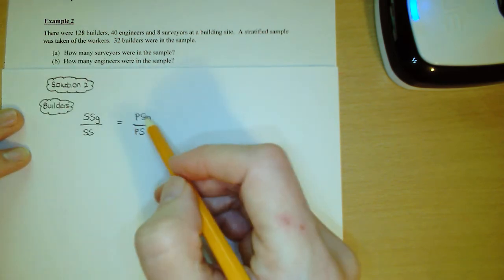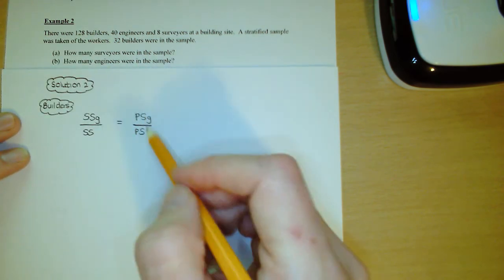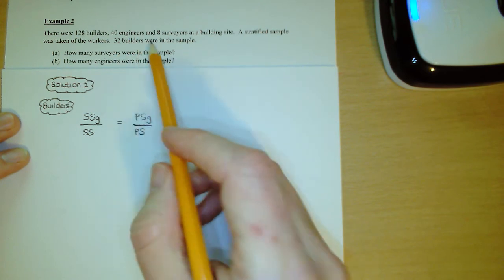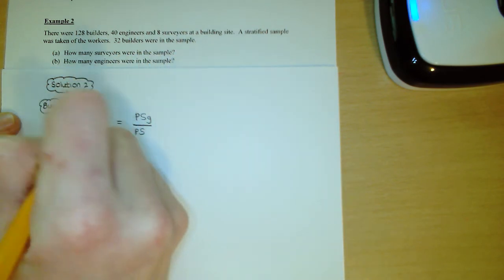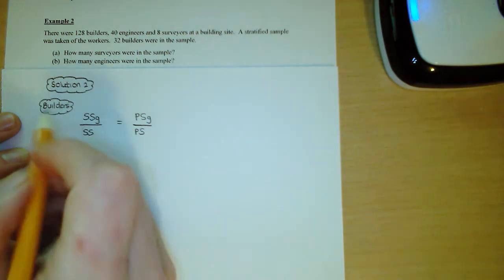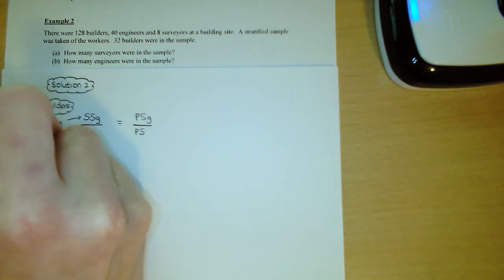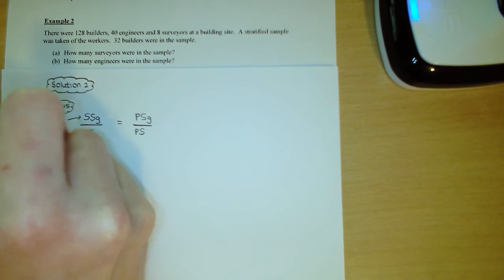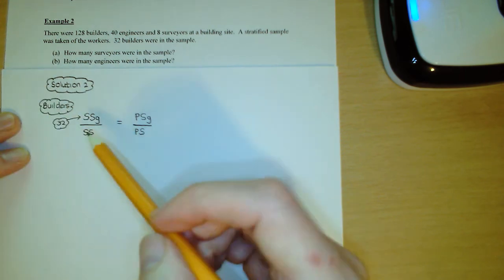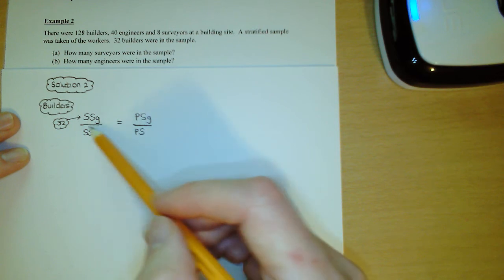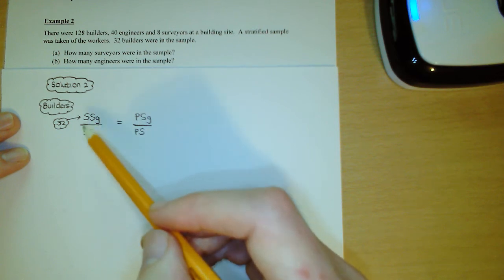We're then going to write down everything that we know about the builders group. Now, it says there's 32 builders in the sample, so the sample size of the builders group, SSG, is 32. The overall sample size we don't know, but that is ultimately what we're trying to work out for now.